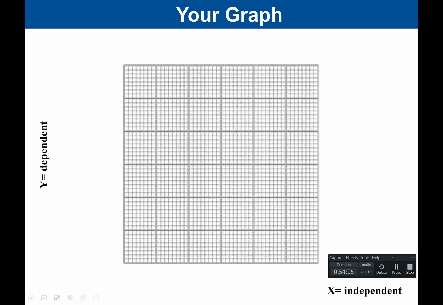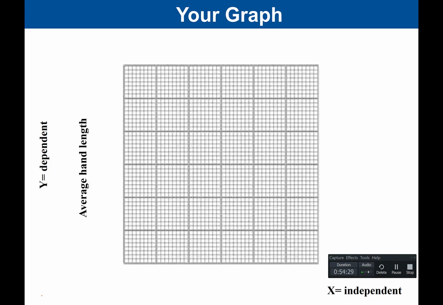Or does gender depend on average hand length? Gender can't depend on average hand length. We can't change gender. So gender is going to be independent, and the dependent is going to be the average hand length. Average hand length depends on gender.